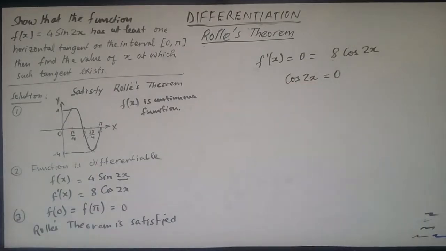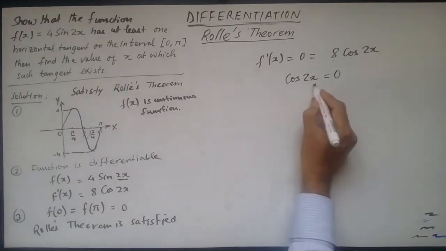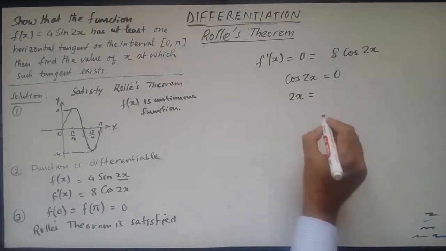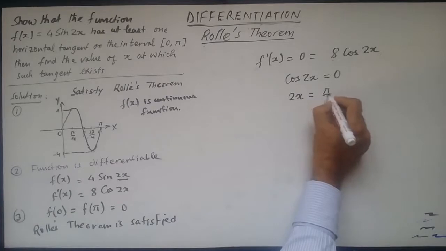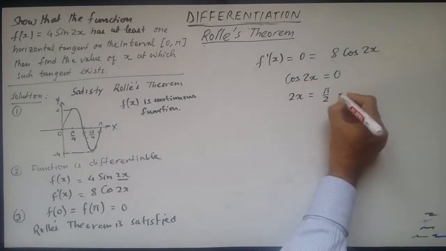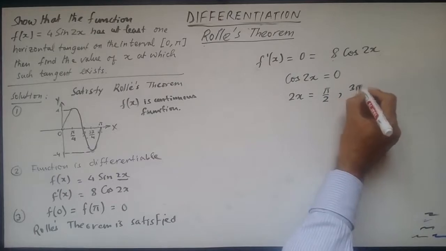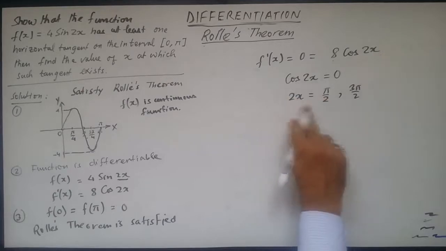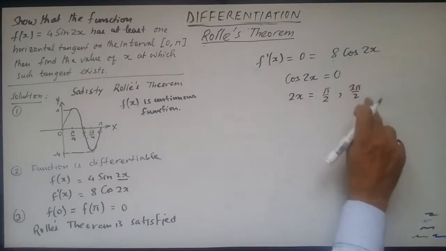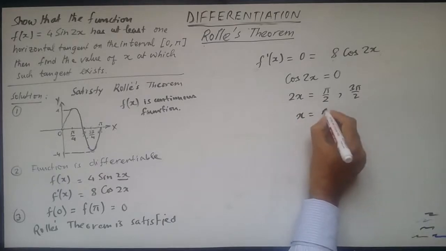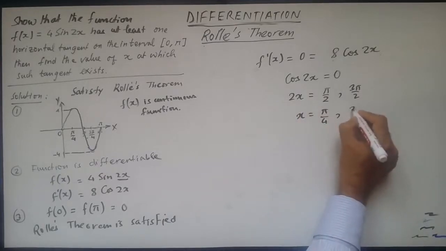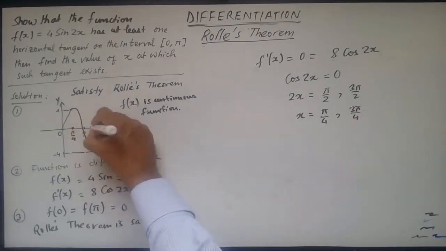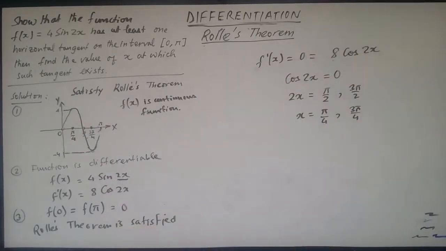There will exist two points. When is cosine of 2x equal to 0? When 2x is equal to pi by 2, that means 90 degrees, and 3 pi by 2, which is 270 degrees. Because cos of pi by 2 is 0 and cos of 3 pi by 2 is equal to 0. So at these points, x is equal to pi by 4 or 3 pi by 4.